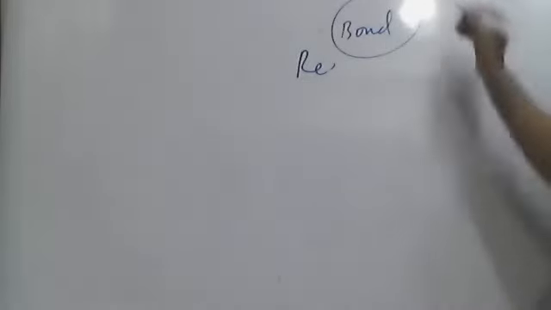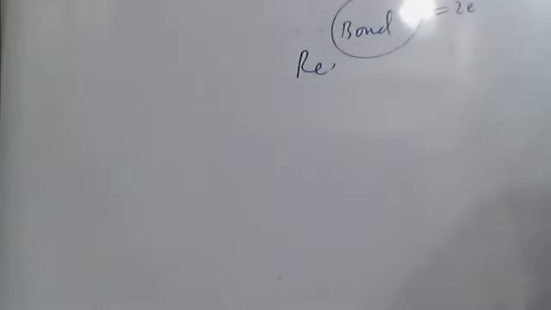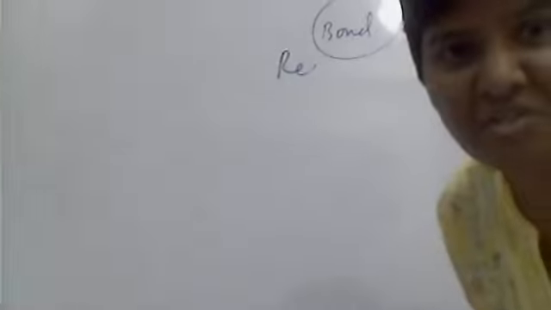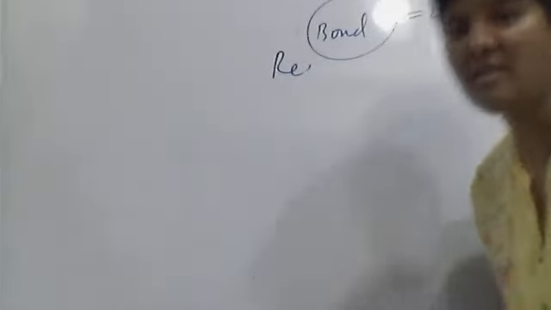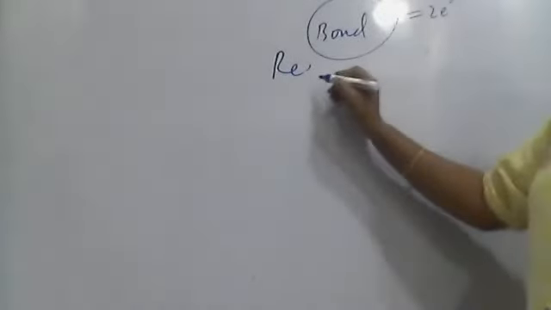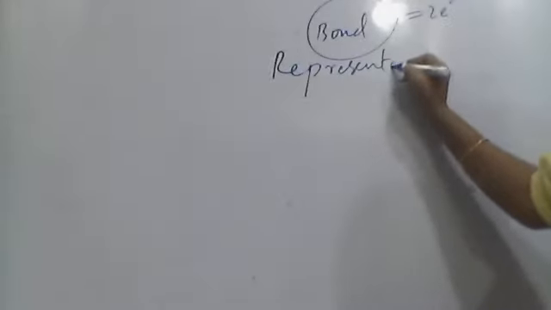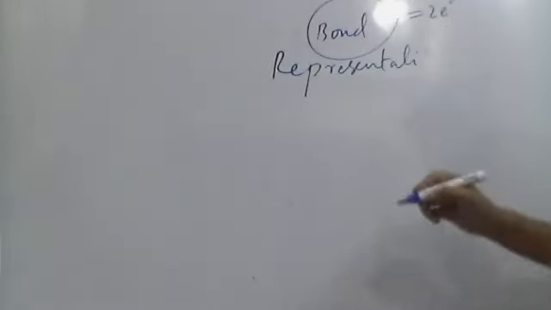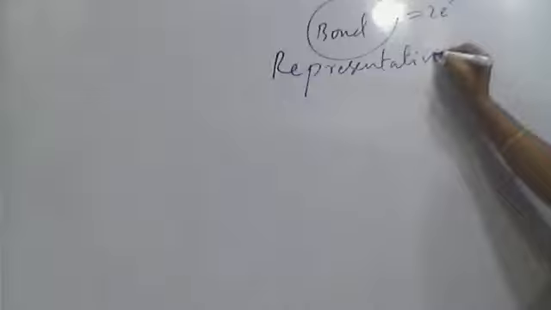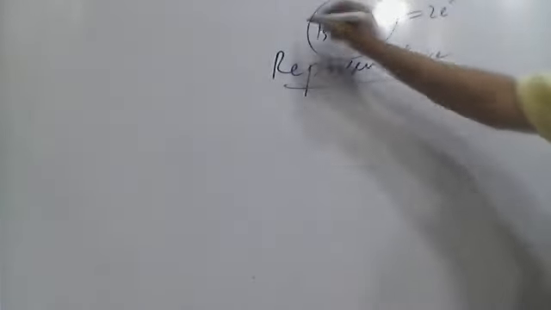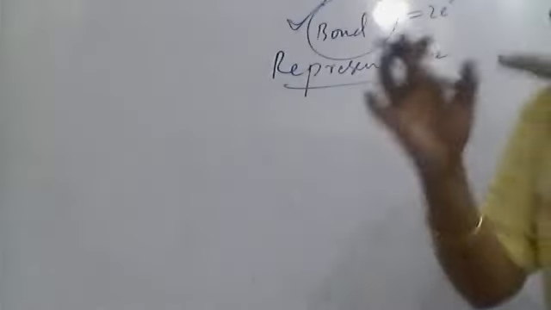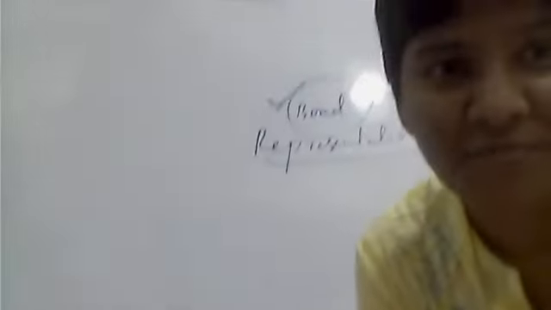Bond breaking, and bond means two electrons. The play of electrons is chemistry. So the elements which stand as representative to explain what is chemistry, how the bond is formed.